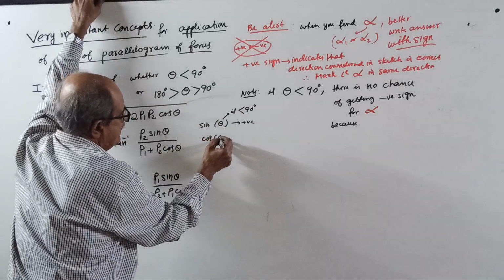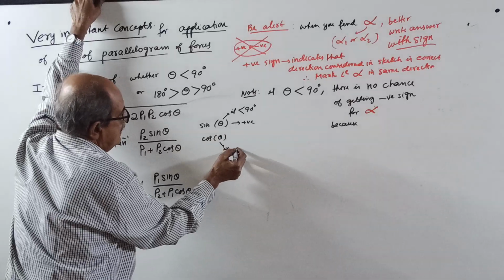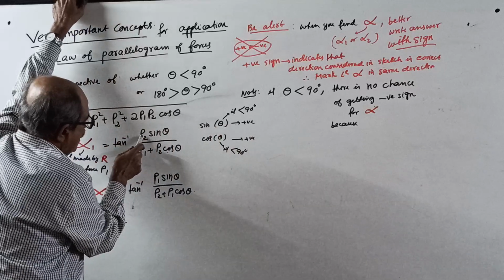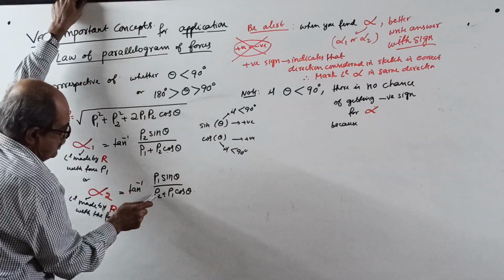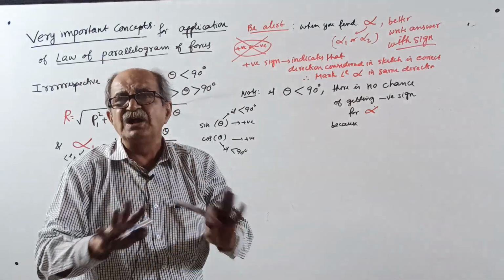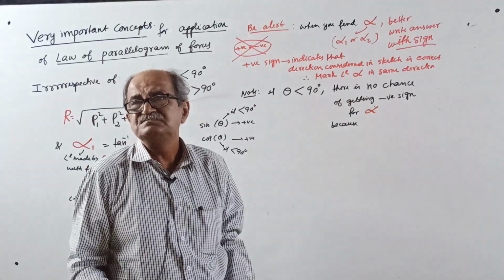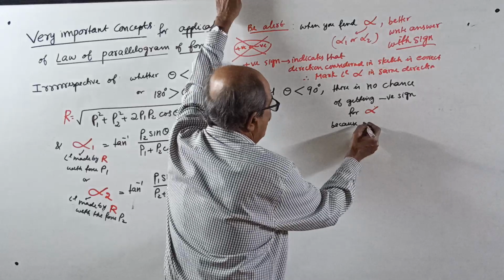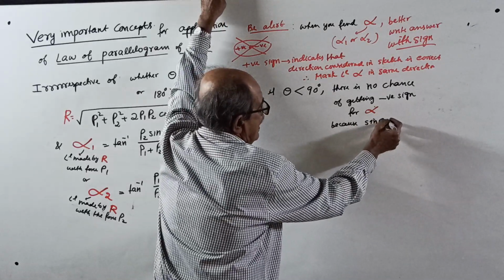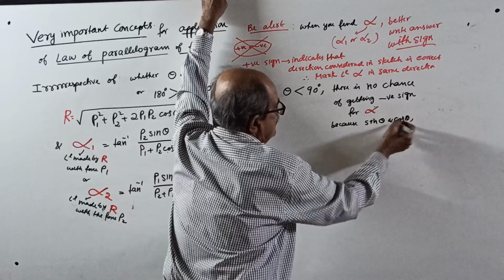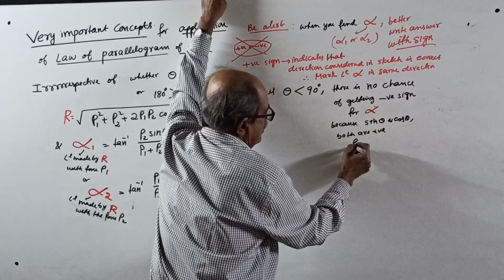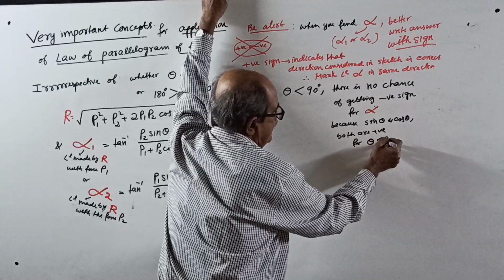Cos of theta, if less than 90 degrees, is also positive. Therefore, there is absolutely no chance of getting a negative sign, because sine theta and cos theta both are positive for theta less than 90 degrees.